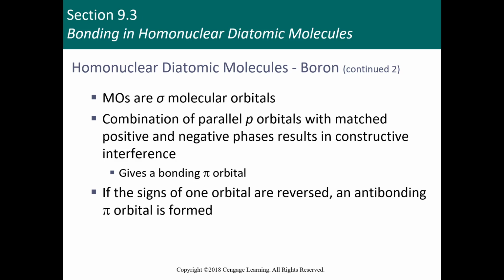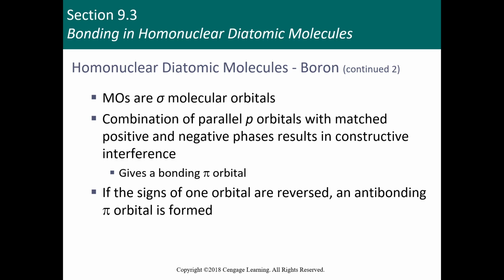Okay, remember that side overlap you talked about, with your p orbitals overlapping to the side, not directly overlapping, is your pi orbitals. So again, this will be your bonding pi orbital that is going to share the electrons above and below, but between the 2 nuclei.